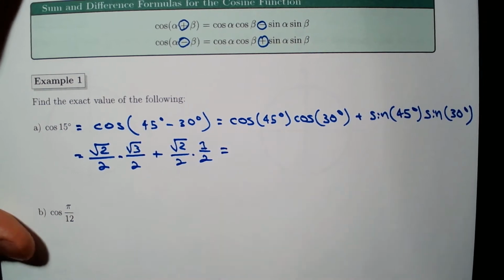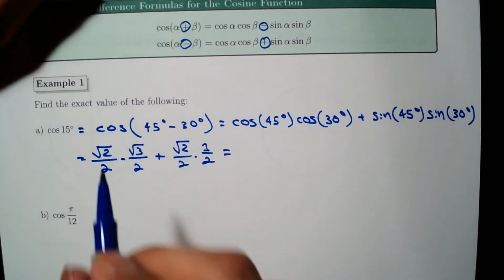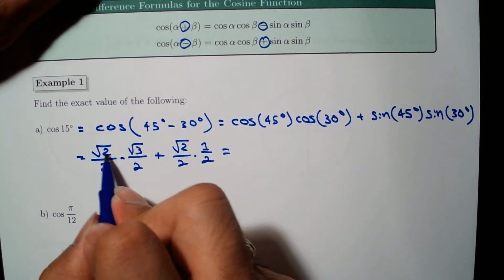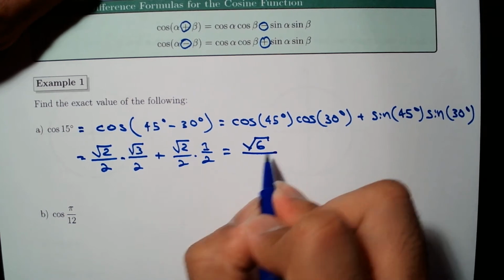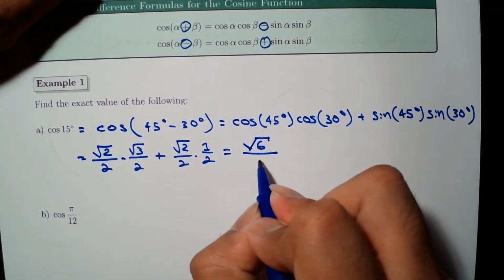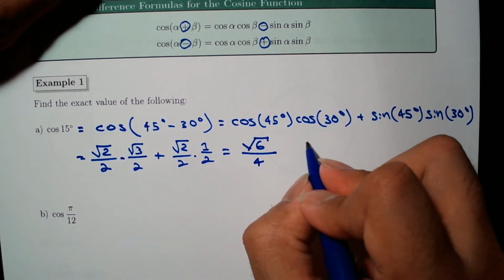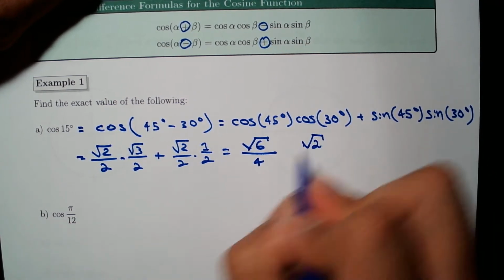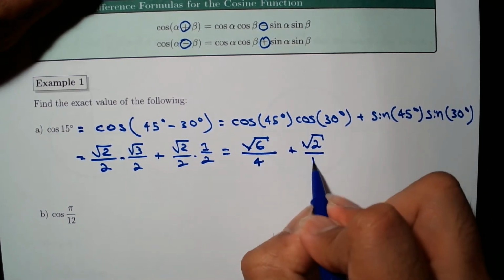Alright, in this case, all we have to do is simplify this. Multiplying across the radicals, 2 times 3, we write it as the square root of 6 over 2 times 2, which is 4. And then the square root of 2 times 1, that's simply the square root of 2, and in the denominator, 2 times 2 is 4.